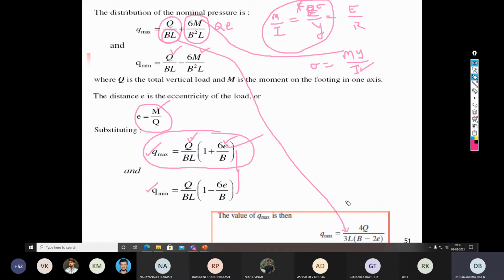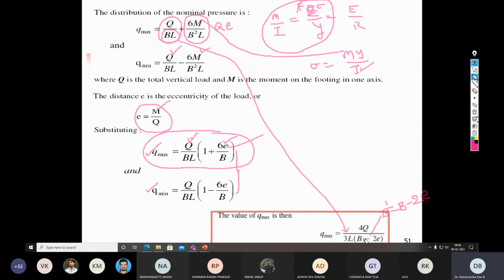So in case of one-way eccentricity, the method followed for the calculation of the bearing capacity is called the effective area method. Since one dimension, either L or B, is reduced, here L is taken as L, but B is taken as B dash, which is nothing but B minus 2 times the eccentricity, so B minus 2E.